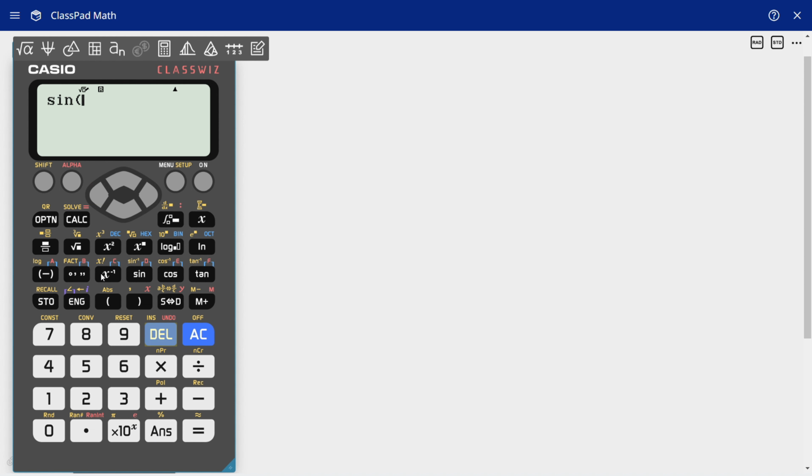And now let's try writing this out using pi divided by 2 gives us an output of 1, and pi over 2 radians is the same as 90 degrees, so that we can see that the answer works when we switch to radians mode.